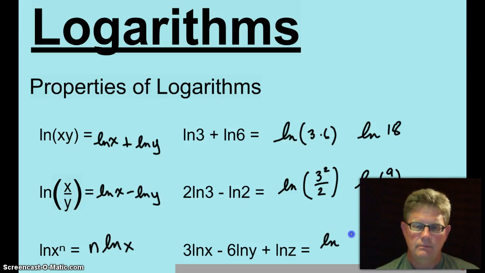So the ln, in the numerator, look for the positive coefficients. x cubed times z all over, again, you can move the coefficient up as an exponent, the ln of y to the 6th. And there you have it as the natural log of one expression.